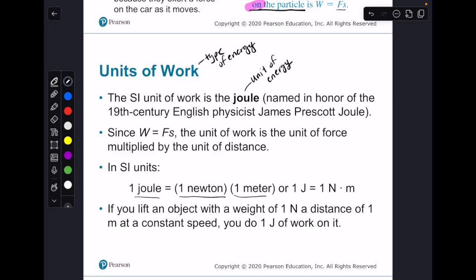So 1 joule is a Newton meter. To put this in a sentence, if you were to lift an object with a weight of 1 Newton 1 meter at a constant speed, then you've done 1 joule of work on that object.